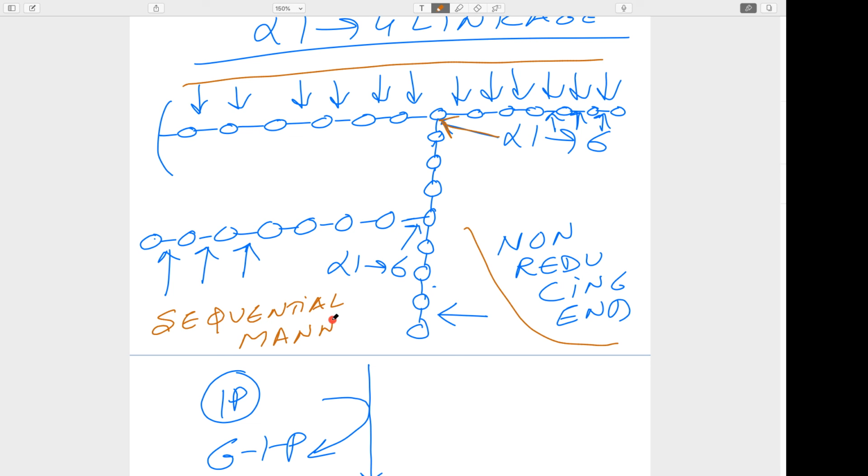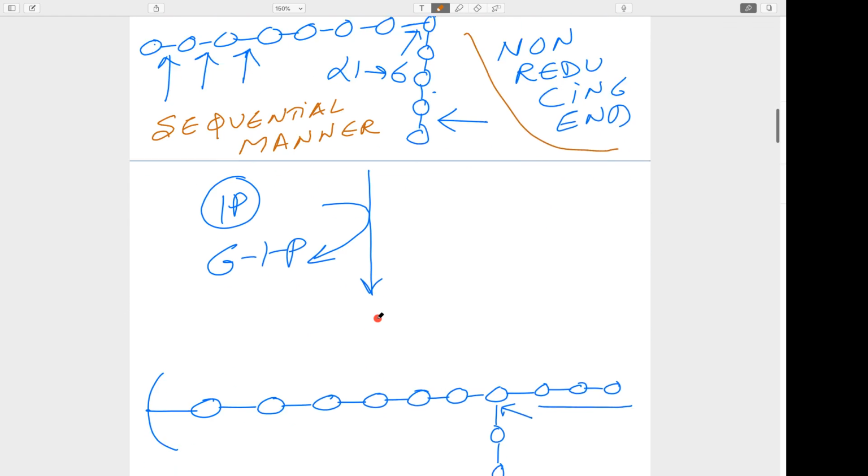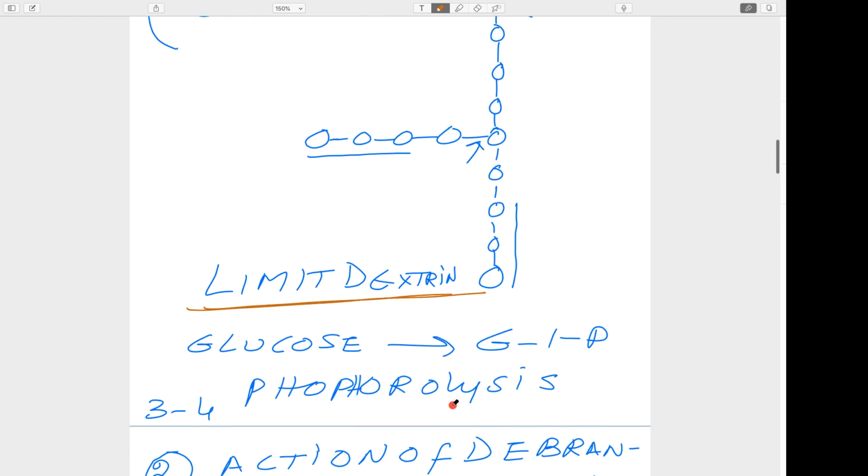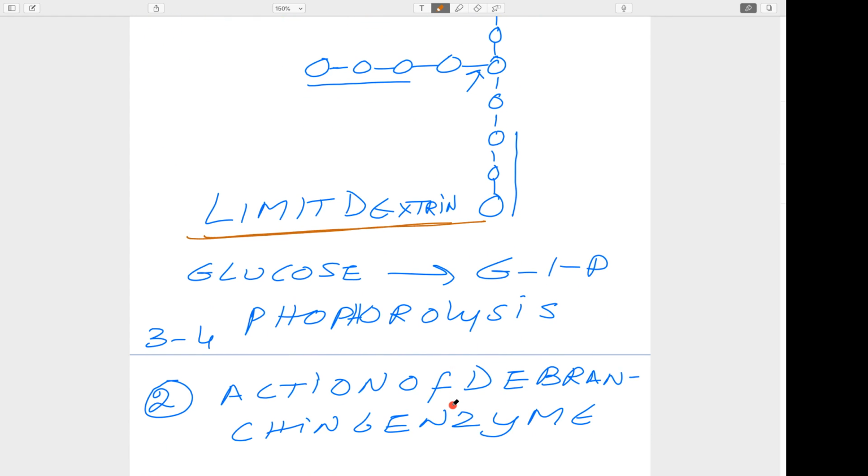This leads to the limit dextrin, which is glycogen with trimmed branches, where 3 or 4 residues remain on either side of the main branch or sub-branches. Inorganic phosphate is added and glucose 1-phosphate is released, so we call the process phosphorolysis.